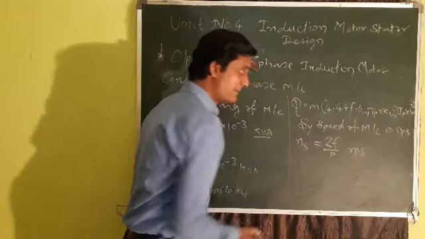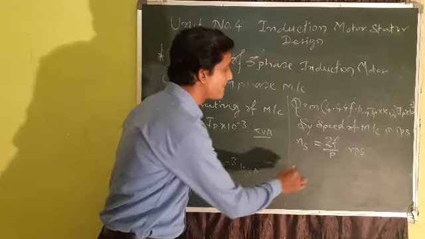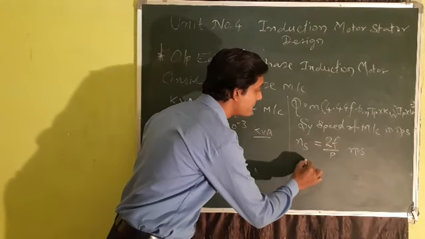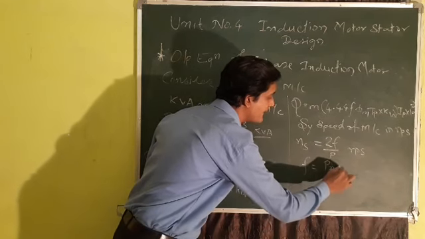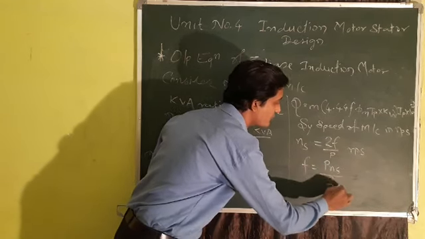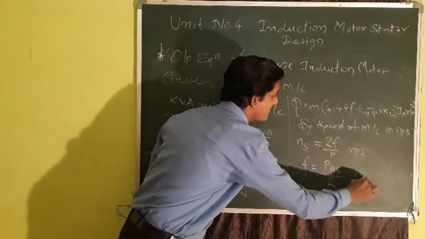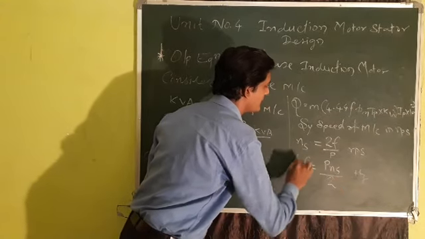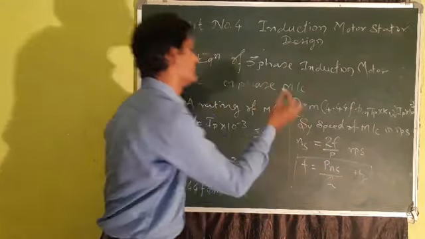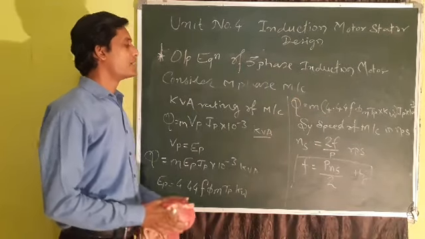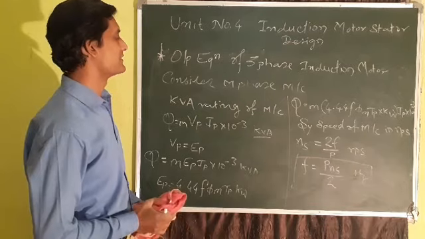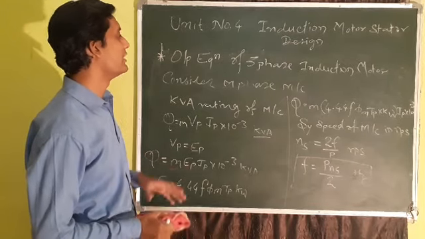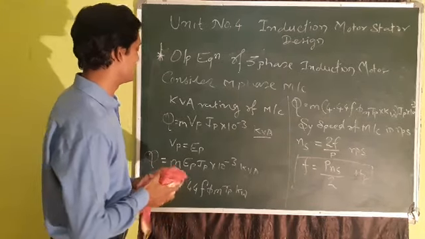So it may be written as f is equal to P into Ns divided by 2 hertz. Now substitute this value of f in the output equation, or kVA rating of machines.